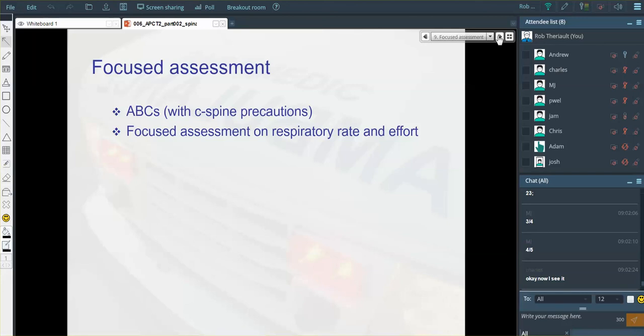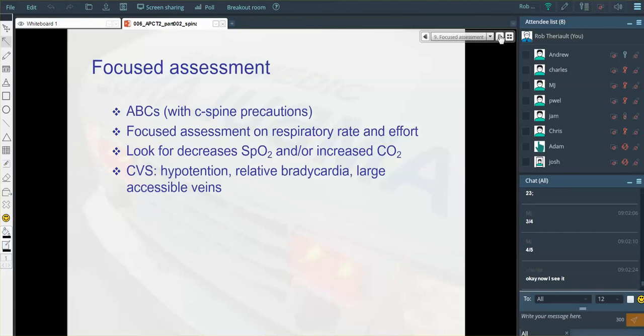So look at their SpO2, but look at their chest wall movement, and whether they're abdominal breathing or not, and look at their rate. But it's usually their tidal volume that's compromised. So look for decreased SpO2, CO2 if you have the luxury of monitoring CO2. Hemodynamically, hypotension, relative bradycardia, large accessible veins.